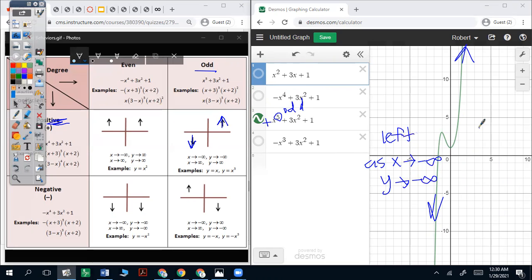And on the right, it's going to be as x goes to infinity, y goes to infinity because it's pointing up on the right side. So they're both going to negative infinity on the left side and positive infinity on the right side. So they're going to be going in opposite directions.